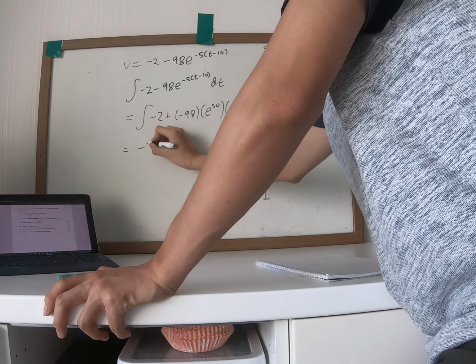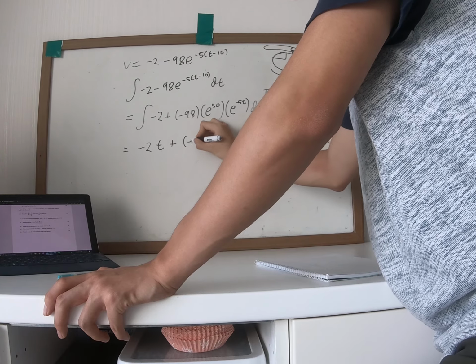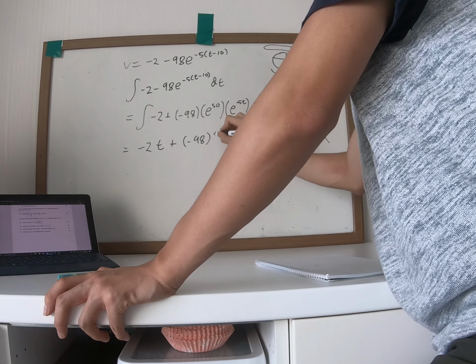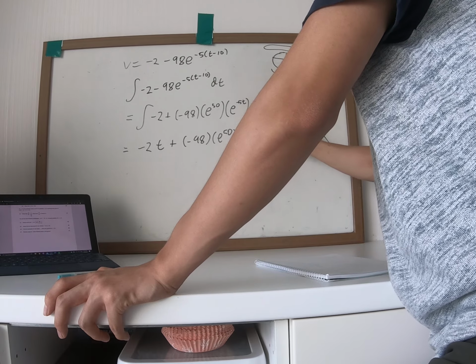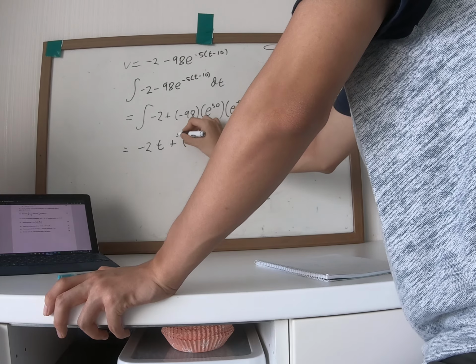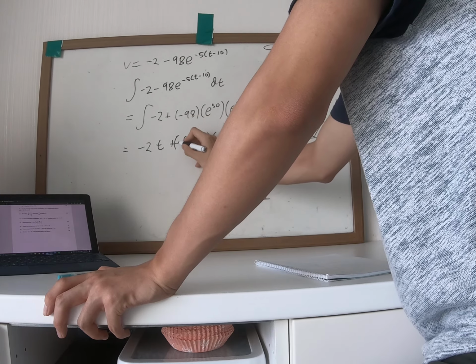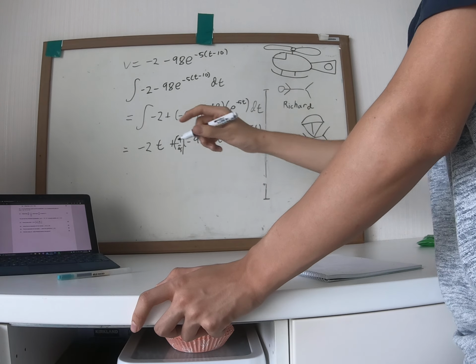So this becomes -2t plus -98 e^(-5(t-10)), but we had this, so we have a -1/5 here, since we differentiate and bring it under.